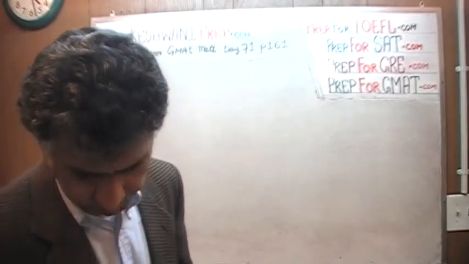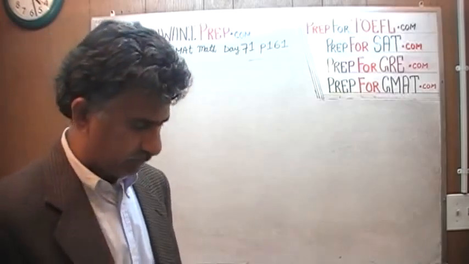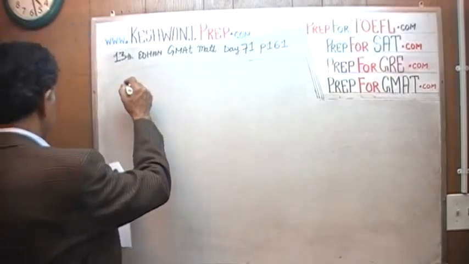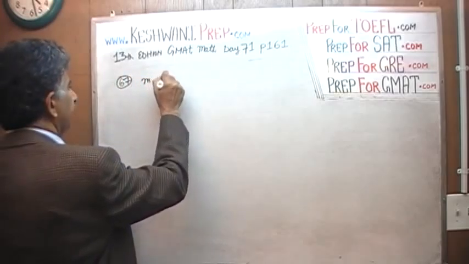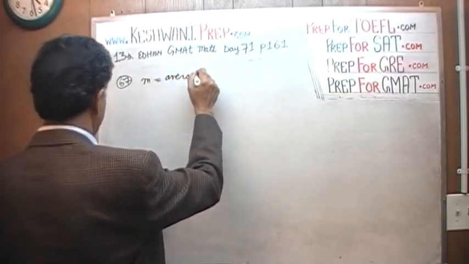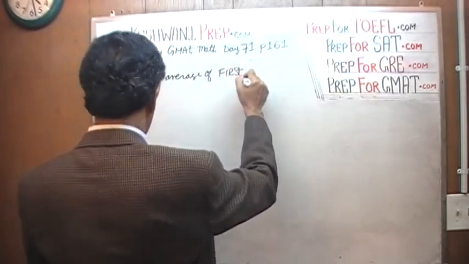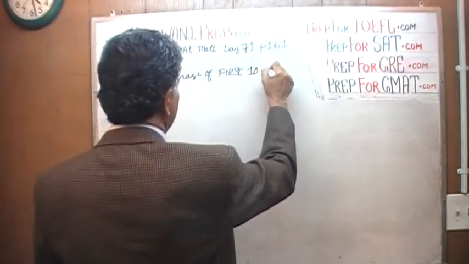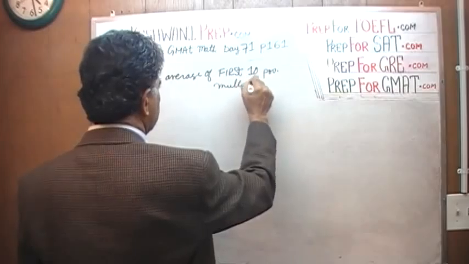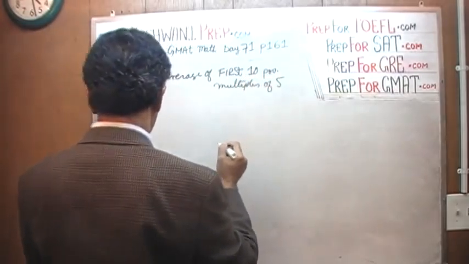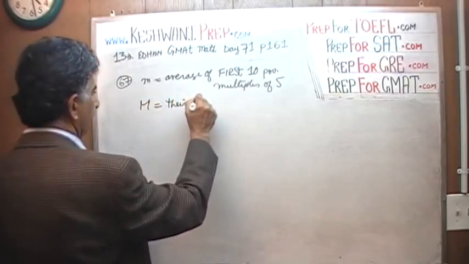Number 67, it says small m is the average, mean, of the first 10 positive multiples of 5, and capital M is their median.